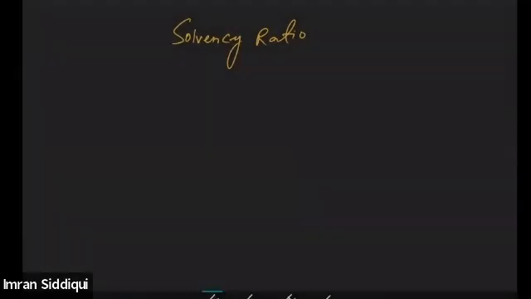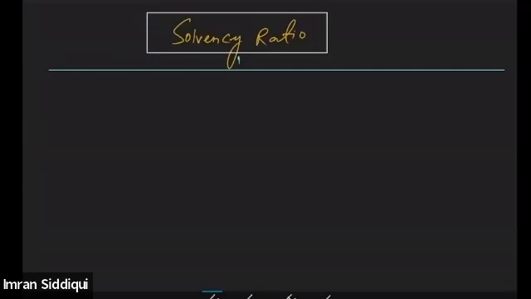And if you remember, I think we covered the various ratios that fall under the solvency ratio. I'm not sure. Anyways, see, under the solvency ratio, we have four ratios. Number one is debt to equity ratio. The second is total asset to debt ratio.